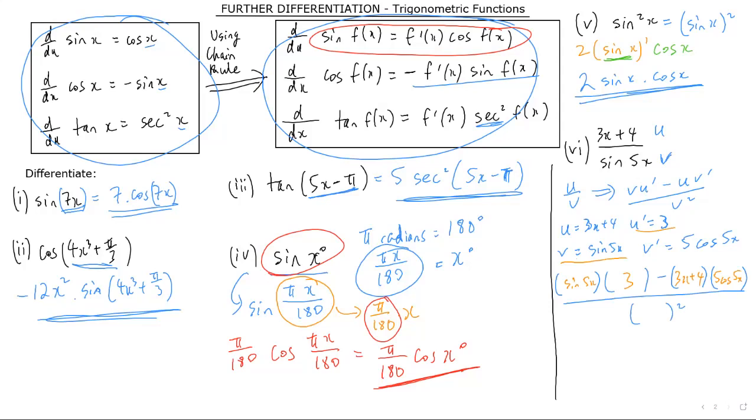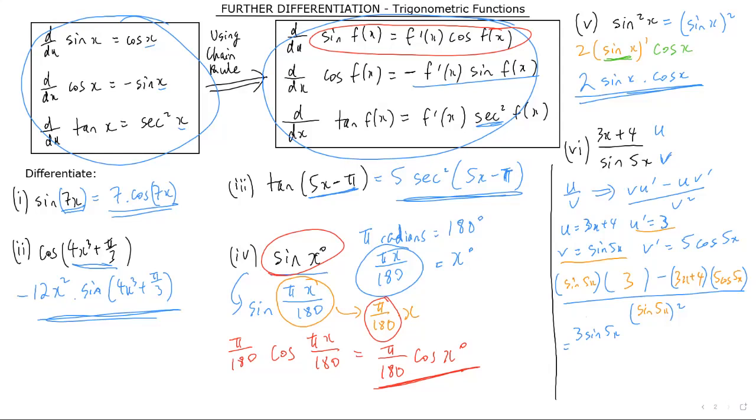And of course, v squared is sine squared 5x. So if I put all that together, that's going to give me 3 sine 5x.